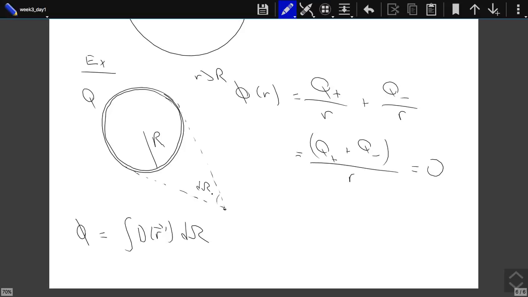This is basically our d omega. The derivation is based on a single sheet, so here we can just divide it into 2 sheets.